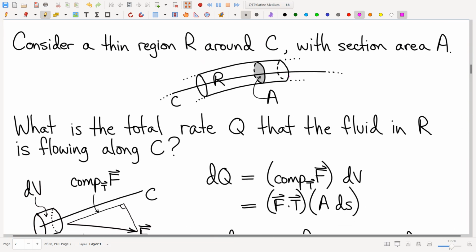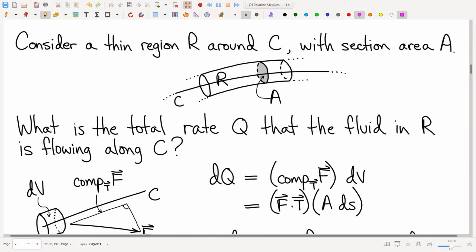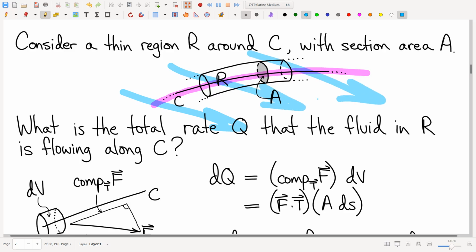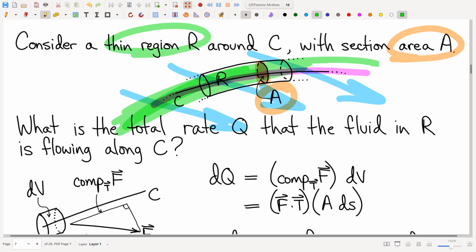Here's the question I want to ask. Suppose we have a curve, and suppose I have a fluid flowing along in some way, something like that. Suppose I take some area, A, and I drag that area along the curve and thereby define a thin little region R, like this.